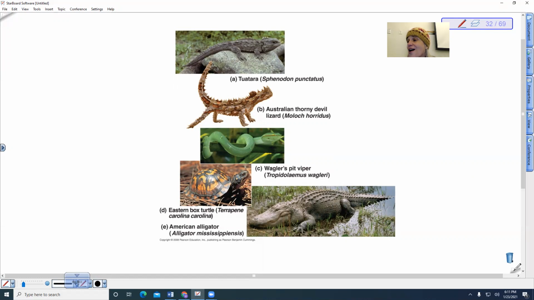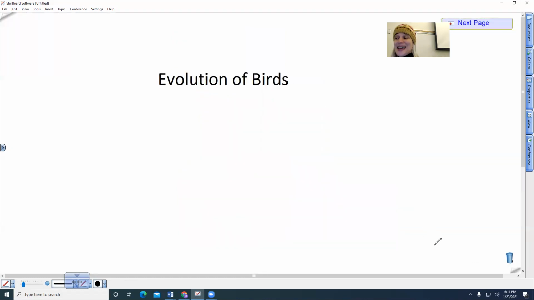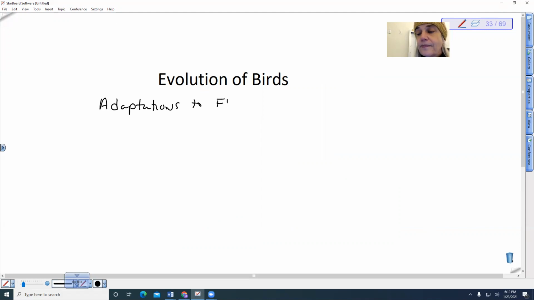So birds are a special, interesting group of organisms. So let's look at some adaptations to flight. Obviously, we have wings.